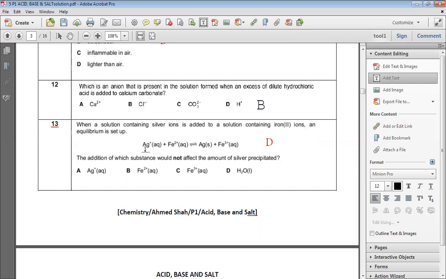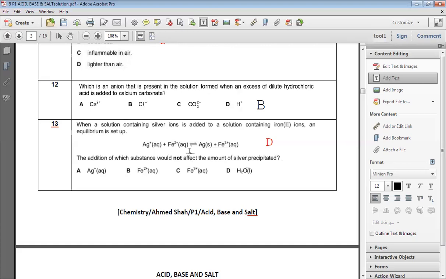So silver is the oxidizing agent in this equation, and Fe2 ion is the reducing agent. Oxidizing agents are acceptors of electrons, so they perform reduction. The reducing agent loses electrons, so it performs oxidation. The oxidation number decreases in reduction and increases for the reducing agent in oxidation. So the addition of this substance would not affect the amount of silver precipitated.